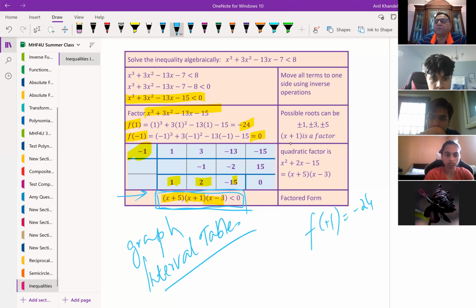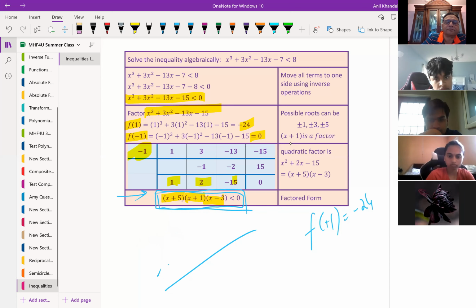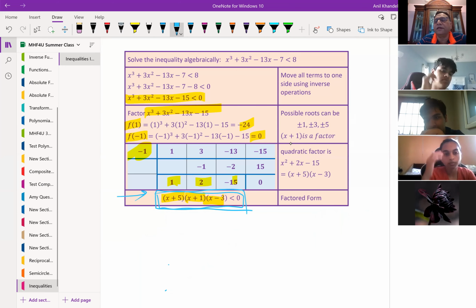Vishruta, can you please explain how to find the solution of this inequality using an interval table? How will you do it? You get the answer by plugging in the numbers. Which numbers? How will you create an interval table? First make a chart.